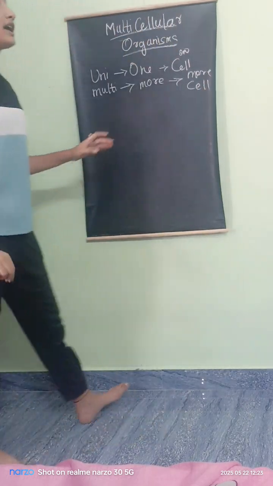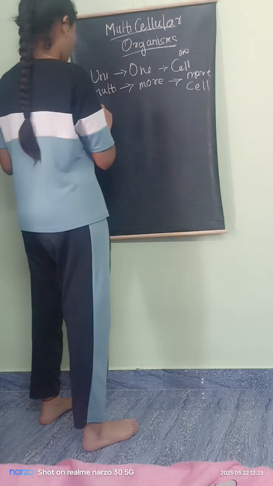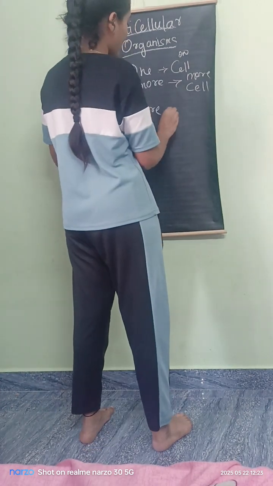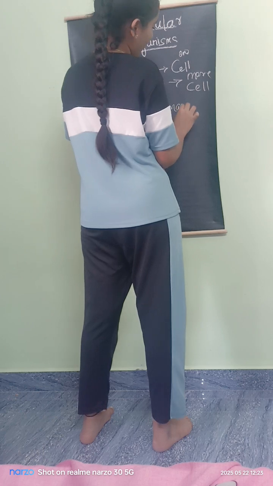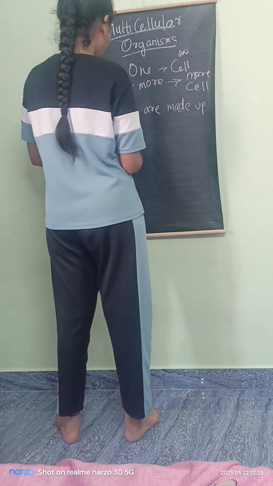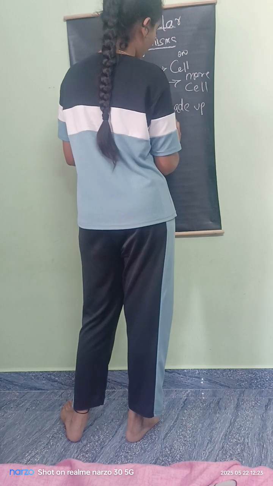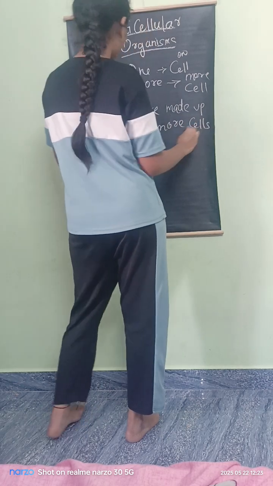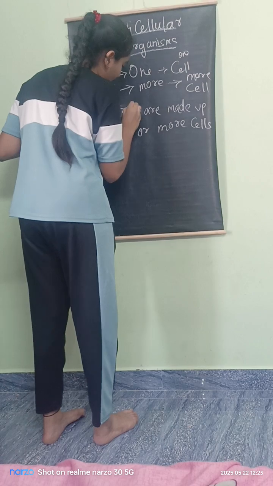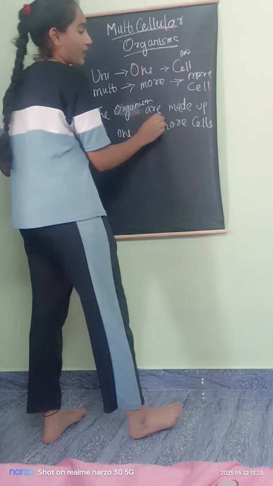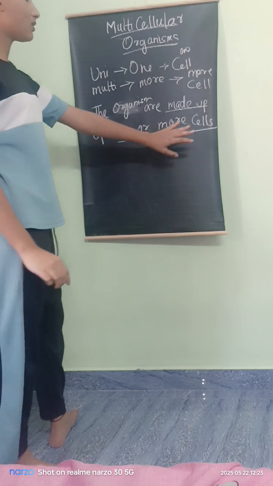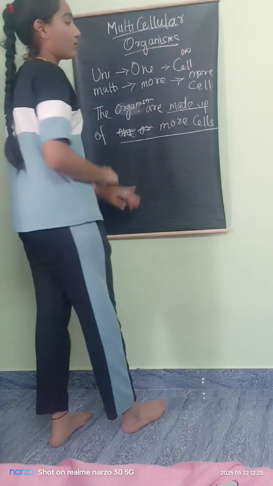So the definition of multicellular organisms is organisms which are made up of more than one cell.